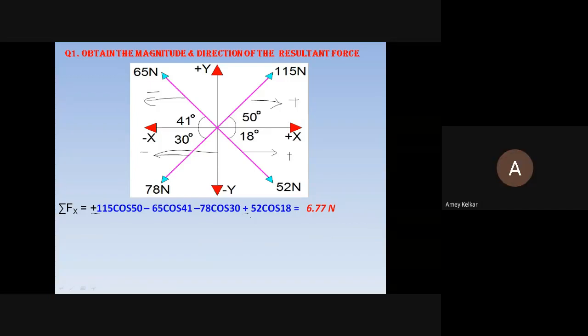How is that plus 52 sine 18? Minus. Right, this component will go here, so this is minus, and this is also minus. And the first two quadrants will be positive. This is plus and this is plus.